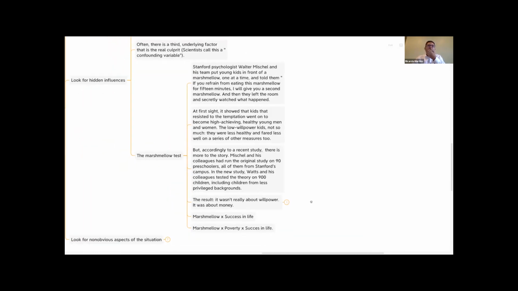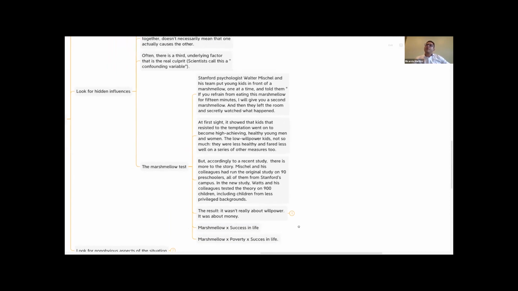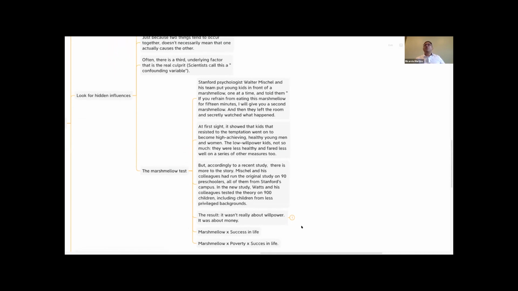If you try to link marshmallow and success in life, probably you are forgetting a hidden influence that is poverty. So sometimes when we think that the problem in education is linked to technology, the real problem is a hidden influence that we are not seeing, that is not only technology, that's something that's happening in the house of these students, in the house of teachers.